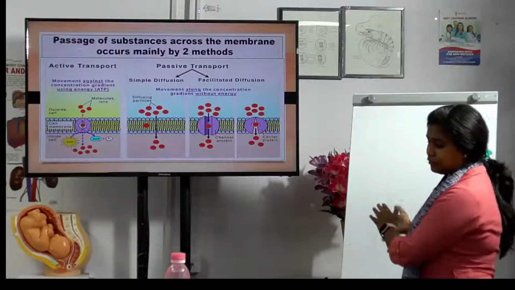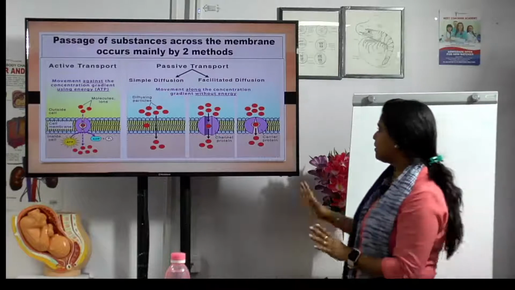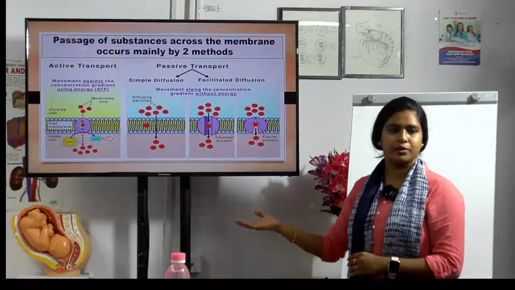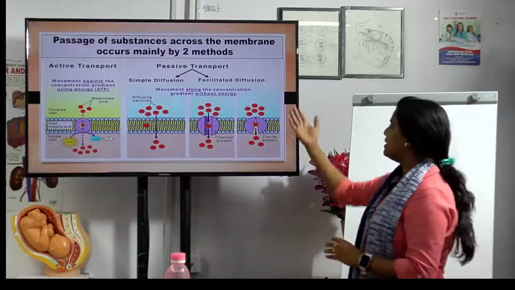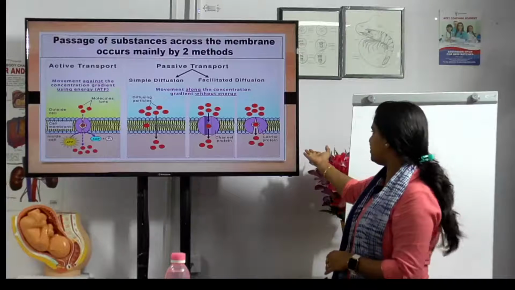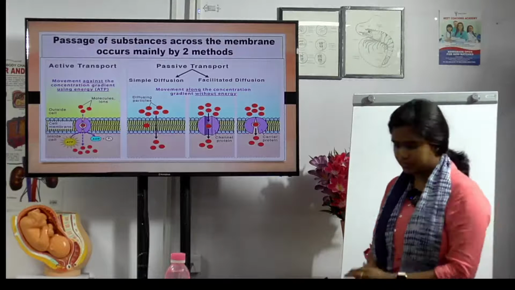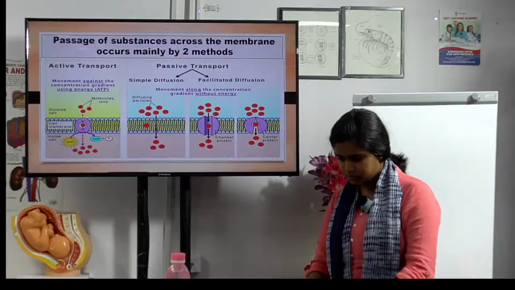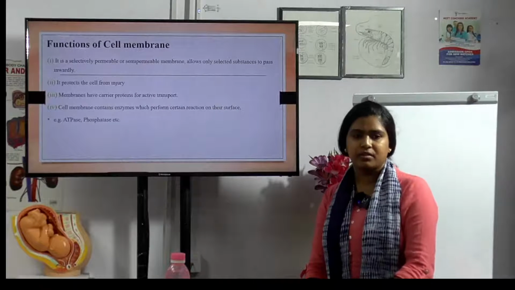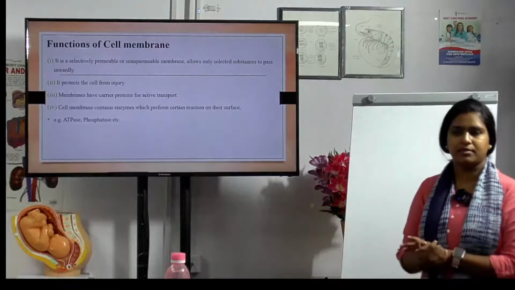Sorry, first I'll make it clear. Osmosis is the movement of water into the plasma membrane from higher to lower concentration. Simple diffusion is through a channel protein. Neutral molecules enter the plasma membrane with the help of the channel protein. Facilitated diffusion is with the carrier protein, like ions and all. Active transport uses energy, while passive means without energy.